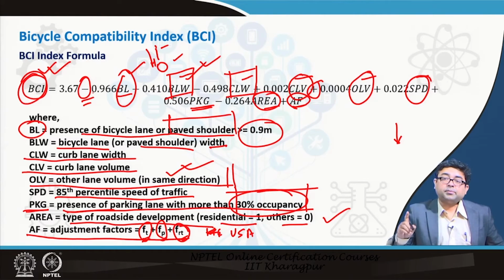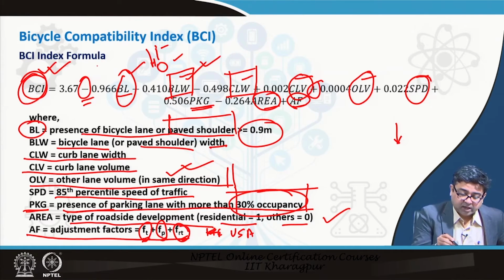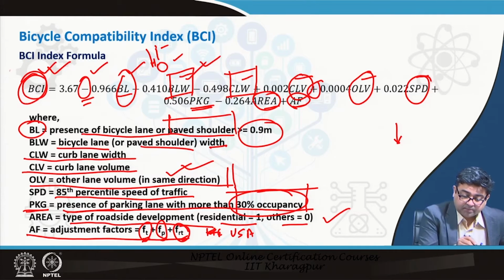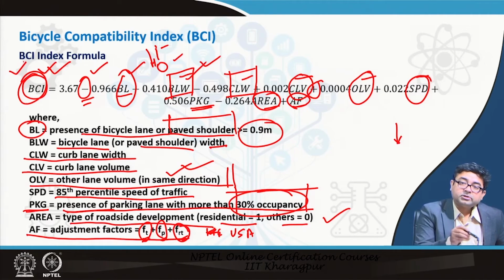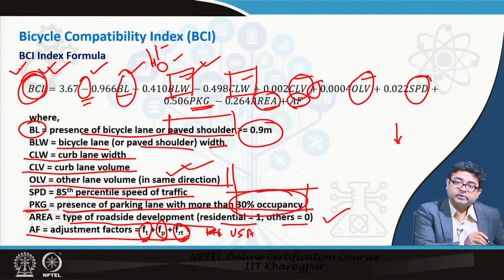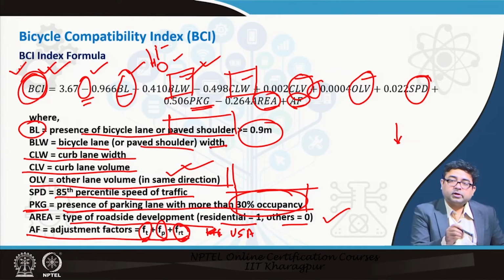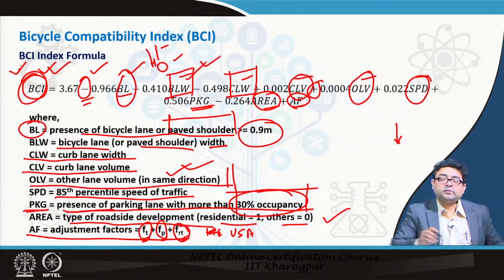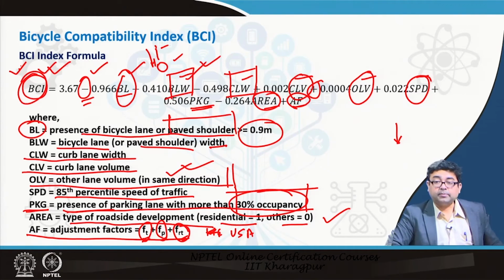Remember, if the bicycle compatibility index goes up, the bicycle level of service or the comfort level usually goes down. So, you have to understand the sign with the compatibility index, and also the compatibility index's relationship to level of service. You have to understand both of those relationships when you are looking at the compatibility index and this linear regression equation.